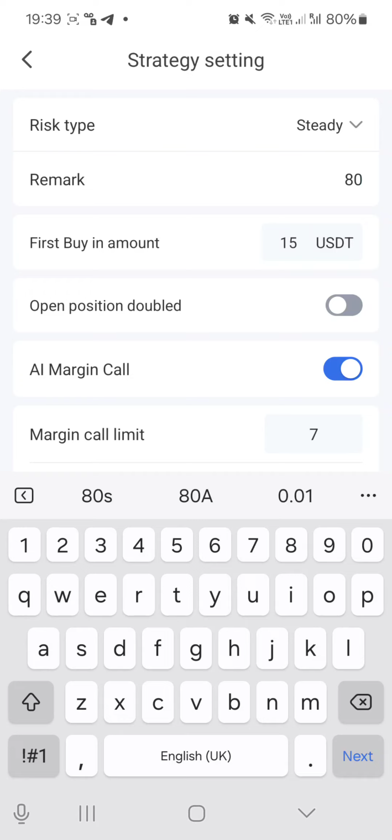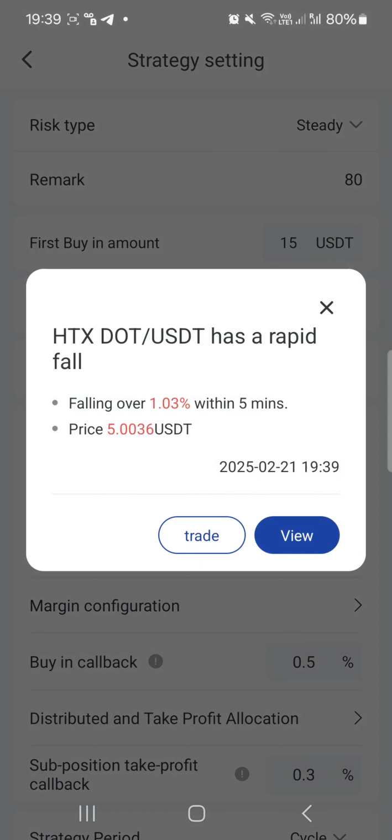After we've done that, we need to come here, and depending on the exchange you're in and depending on your capital, the first buying amount will be determined. I would say use at least 5% of your total capital. If you have $80, perhaps you need to consider using $5, right?